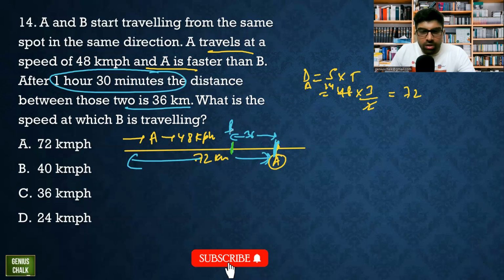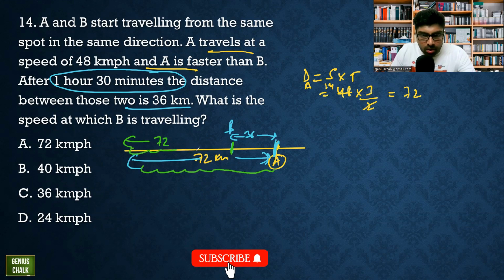This distance, the difference, is 36. That means, can I say how much distance B has traveled? So B must have traveled 72, which is the overall distance, minus 36. How much? It is 36 only. So 36 kilometers B has traveled.